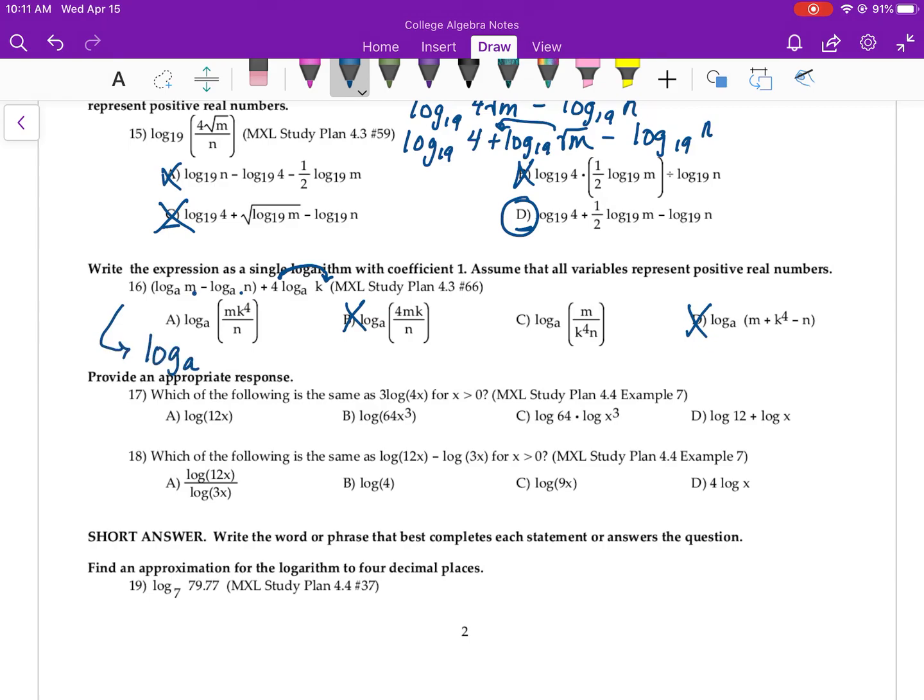I would go ahead and do that division. Now, because there's this plus sign right here, is that k to the fourth going to go in the numerator or the denominator? So it's going to go in the numerator. So I'm going to go with answer A.